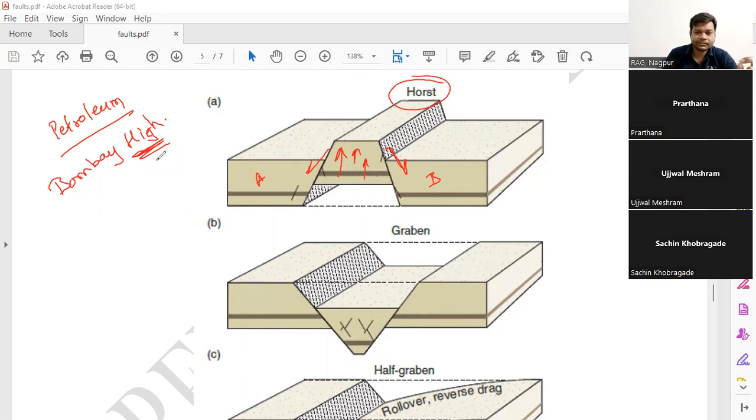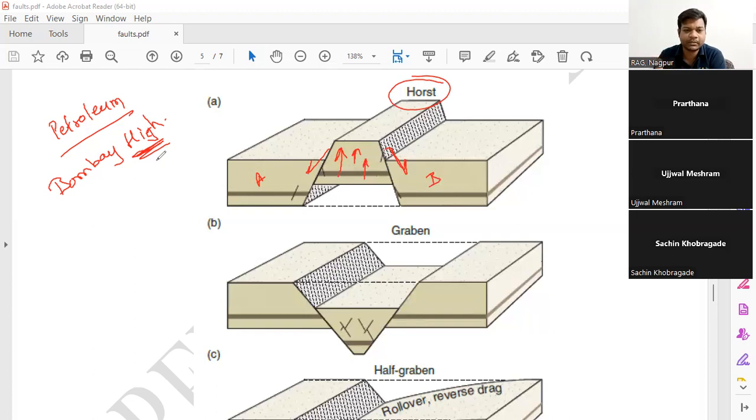Inside the doubly plunging anticline, this oil field has the faulted terrain, and that faulted terrain is a horst.